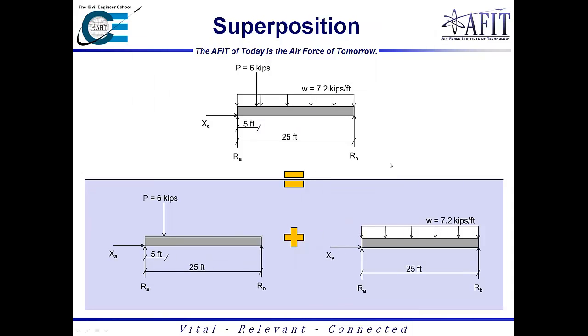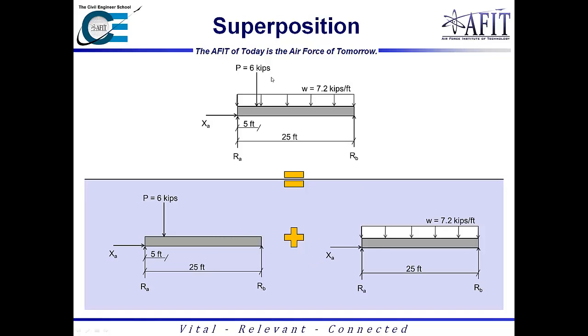So I also want to bring up another principle called superposition, which is actually one of the fastest ways you're going to be able to solve things on the exam. And if you have a load table with you, either from the steel manual or from NDS, the wood specification, this will help you out significantly. So what we can do with superposition is take this beam and basically break it down into components and then add them up together.